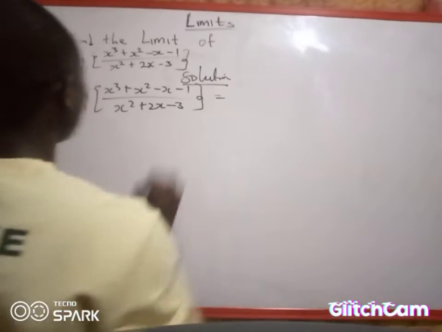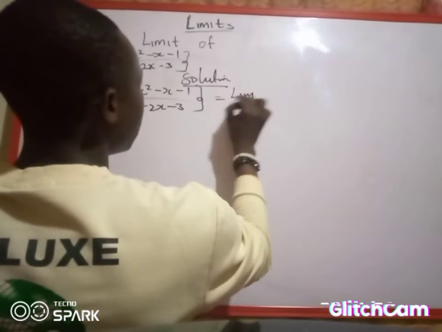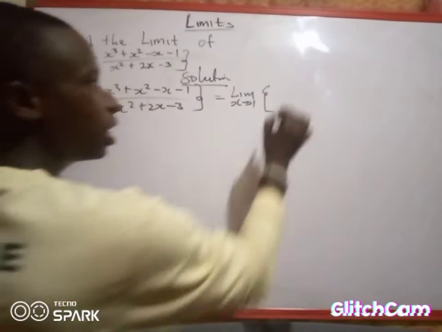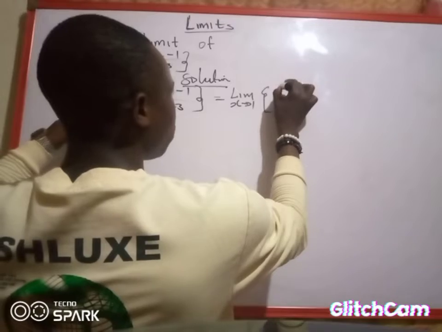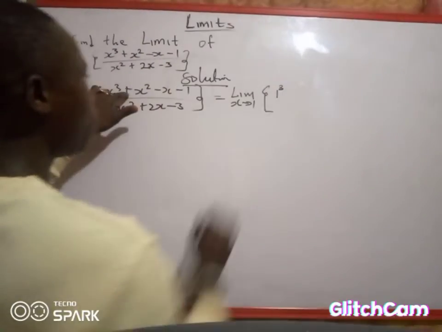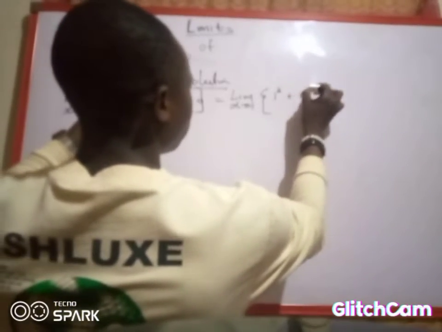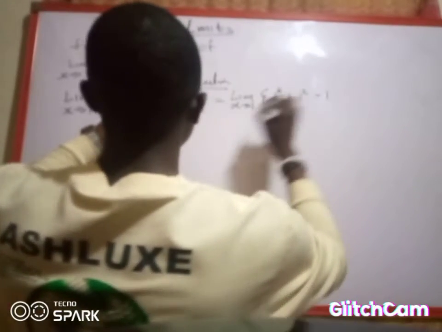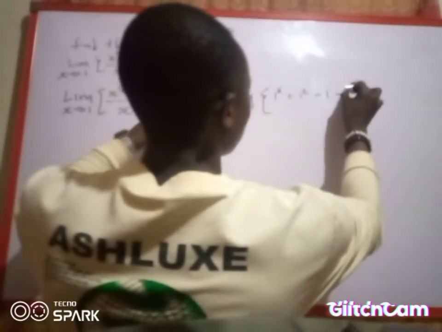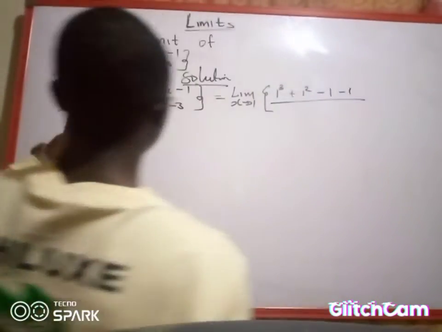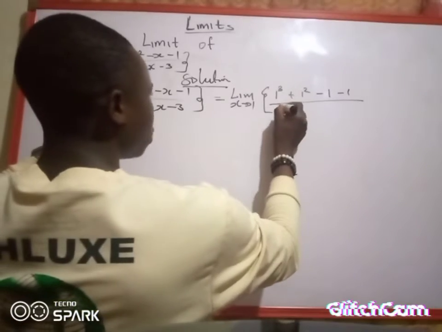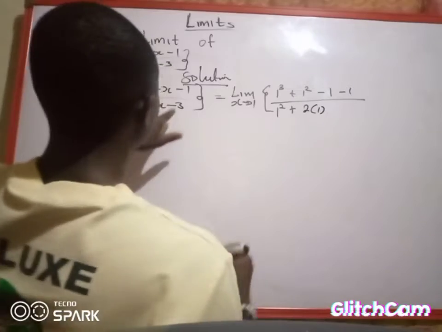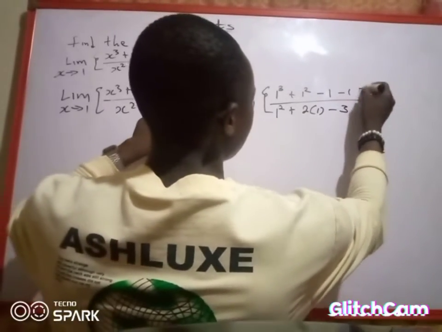So this is equal to the limit as s tends to 1, open bracket. This is s cubed here, which is 1 cubed, plus s squared, which is 1 squared, minus s, as s approaches 1, then minus the constant 1, all over, this is s squared here, 1 squared, plus 2s, which is 2 times 1, minus the constant 3.